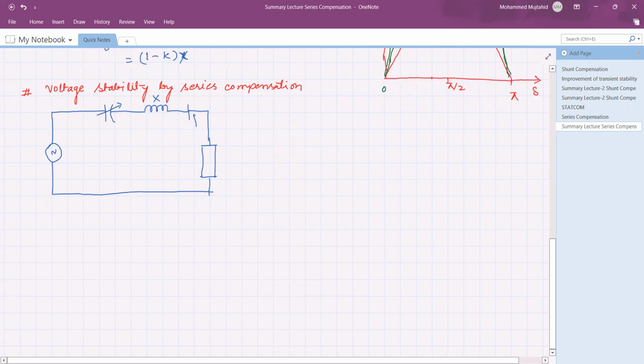The voltage across the load is VL, and this voltage is VS, the sending end voltage, and the current is.